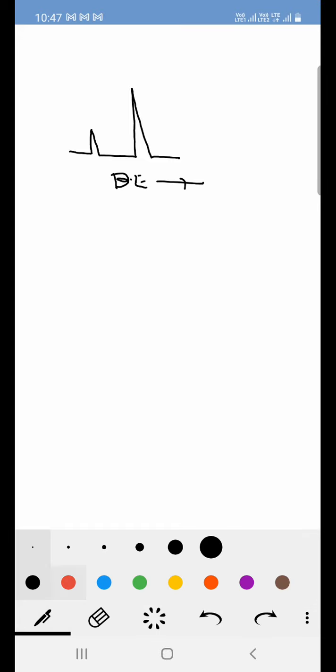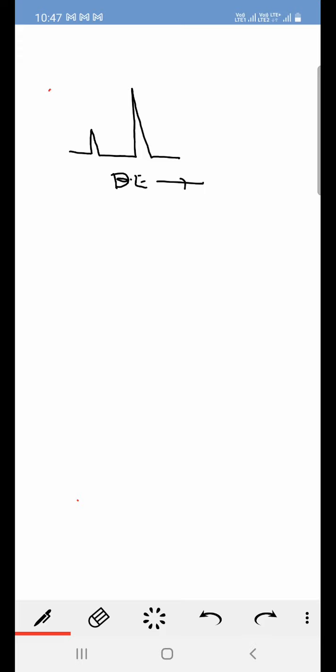That means we get a peak like this when we plot with the binding energy. So the first peak corresponds to 2p 1/2, and the second one is for 2p 3/2.